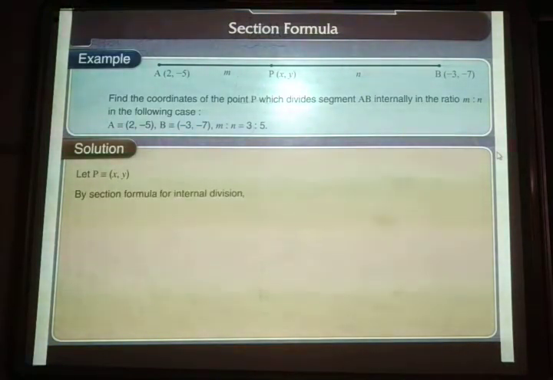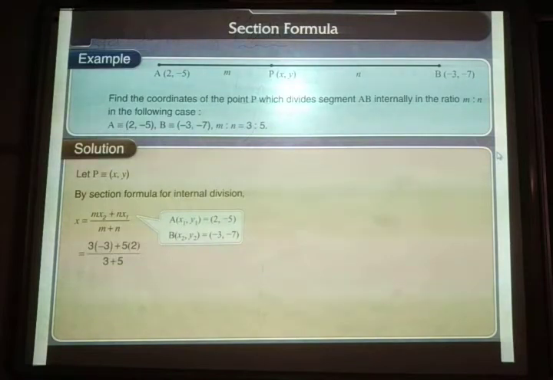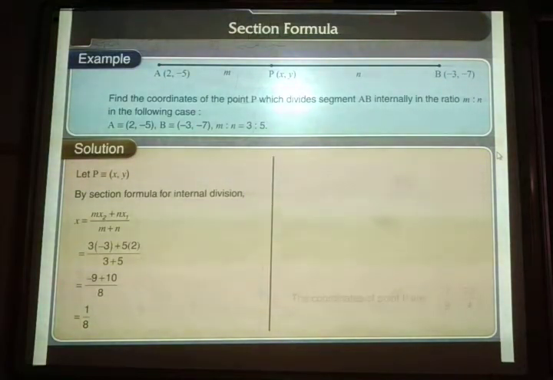By section formula for internal division, x is equal to (mx2 plus nx1) upon (m plus n). Substituting the values, we get x is equal to (3 into -3 plus 5 into 2) upon (3 plus 5). This simplifies to 1 upon 8. y is equal to (my2 plus ny1) upon (m plus n).